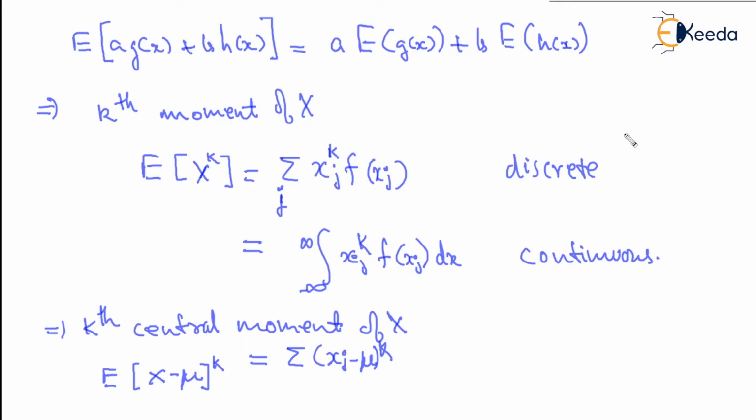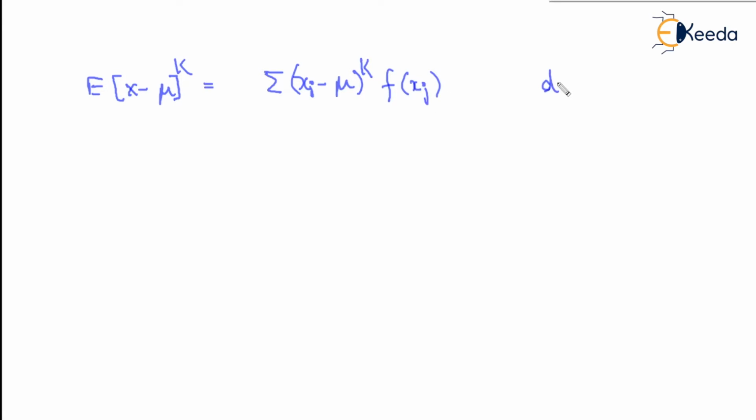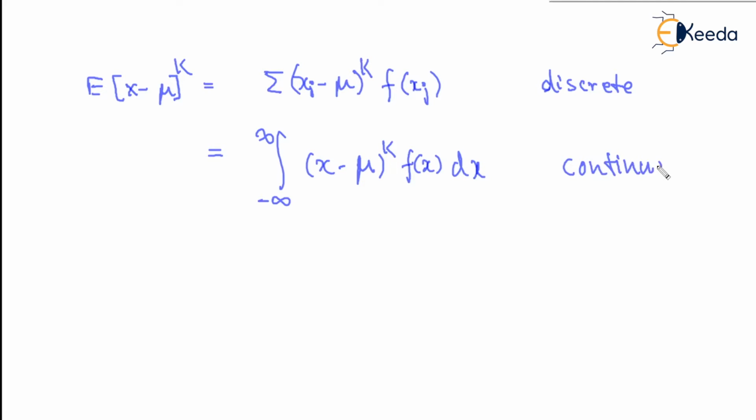Let's write on a different page. So this is given as E of (x minus mu) to the power k, equal to the sum of (x minus mu) to the power k times f of xj if it is discrete, or integration from minus infinity to infinity of (x minus mu) to the power of k f of x dx if it is continuous.